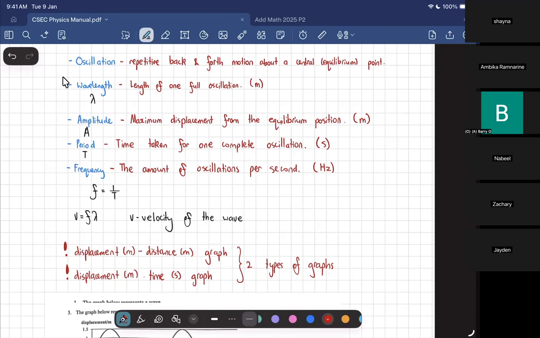So you would see a displacement distance graph like that, or a displacement time graph like that. But just note, in the first graph you're going to have displacement on your y-axis and distance on your x-axis. For the other type of graph, you're going to have displacement on the y-axis and time on the x-axis. As soon as you have that down, let me know.